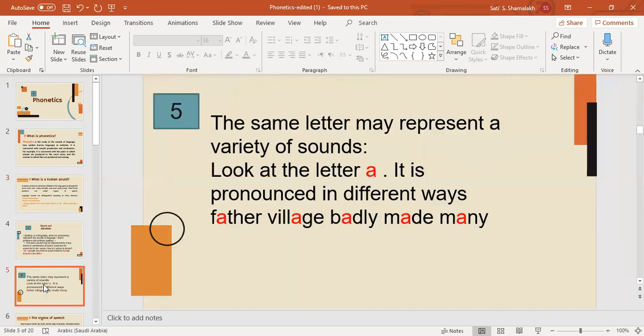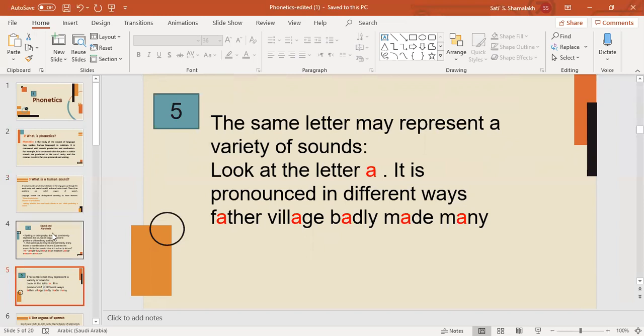Slide 5. Phonetics is useful because it helps you to pronounce words well or correctly. Because English is not pronounced in the same way it is written. For example, the same letter may be represented in a variety of sounds. Now, one letter, you can pronounce it in many ways.